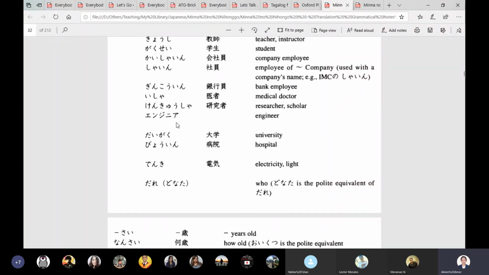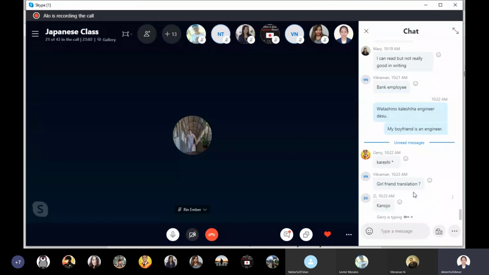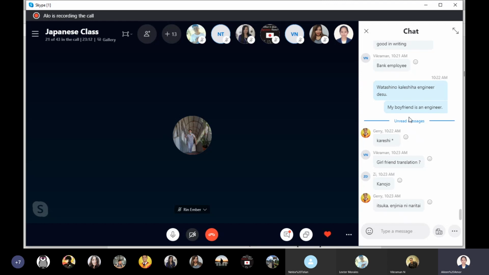So katakana is mainly used to write borrowed words. For example, engineer. What other words? Girlfriend translation, kanojo. Yes, thank you, Sir Z. Kanojo. So watashi no kanojo wa, let's say, engineer desu.